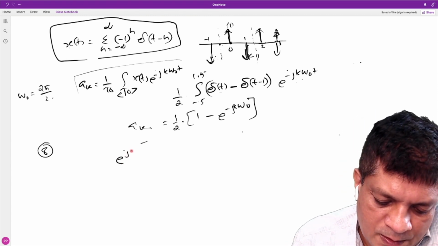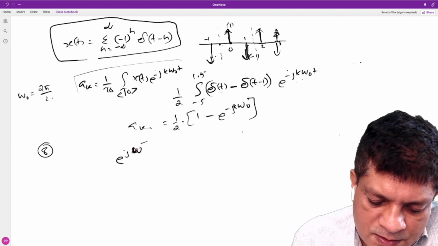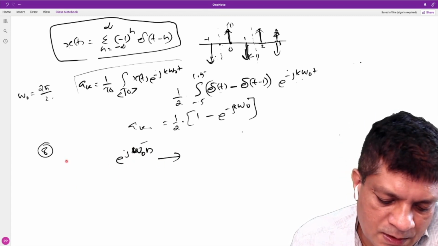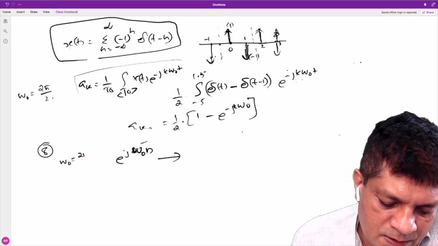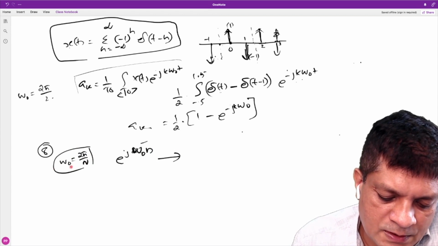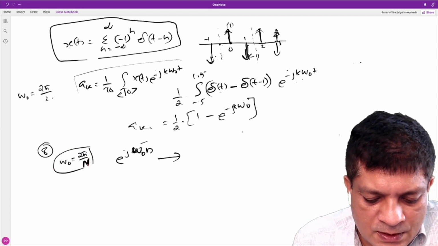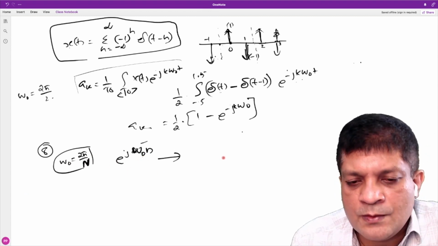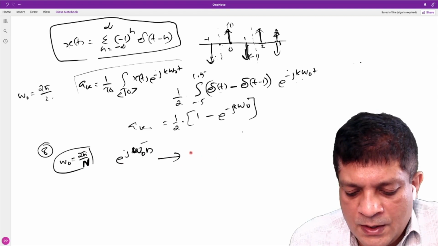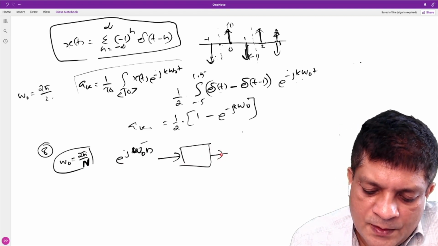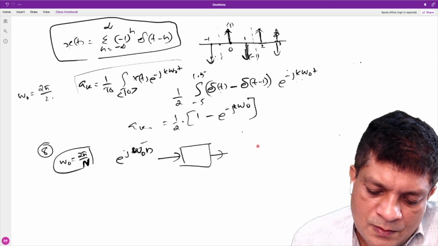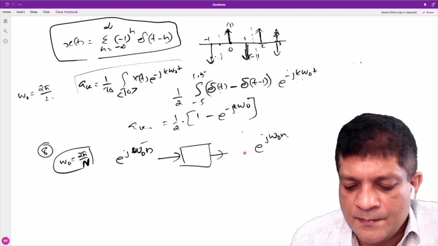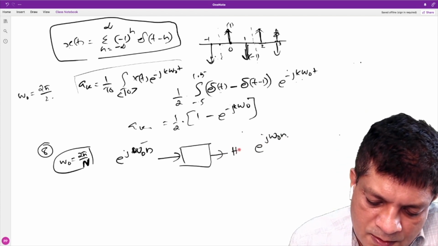If you consider e to the power j omega naught n, a periodic discrete time signal where omega naught is 2 pi by N, with period capital N, and you give it as the input to a linear time invariant system, the output is also e to the power j omega naught n times a constant.